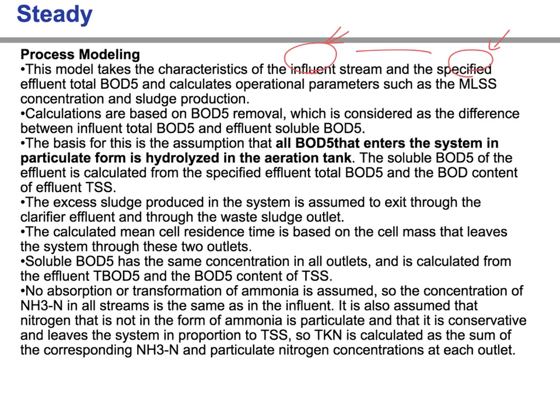The calculated mean cell residence time is based on the cell mass that leaves the system through these two outlets. The soluble BOD5 has the same concentration in all outlets and is calculated from the effluent total BOD5 and the BOD5 contents of TSS. And that's all for the organics.